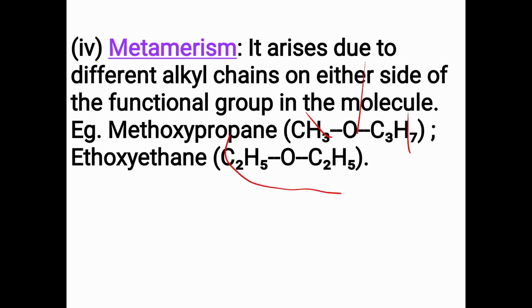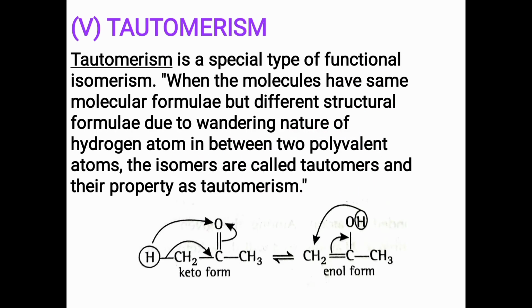In the second molecule, we also have ether, but the alkyl groups are different. Earlier it was CH3, now it is C2H5 and also C2H5. That is known as metamerism.